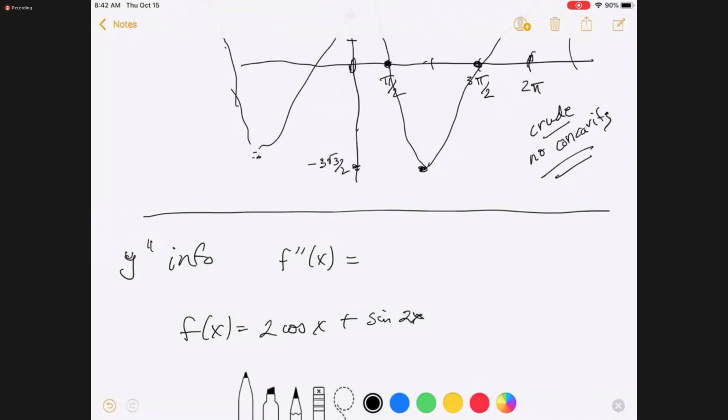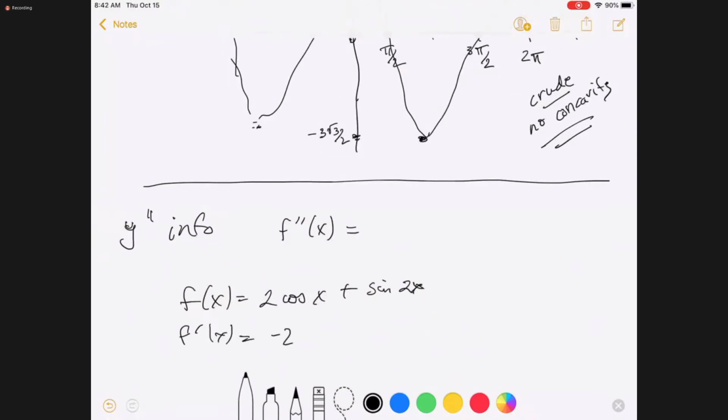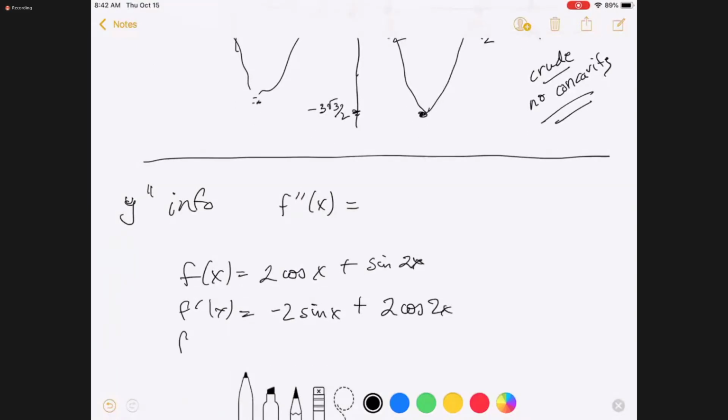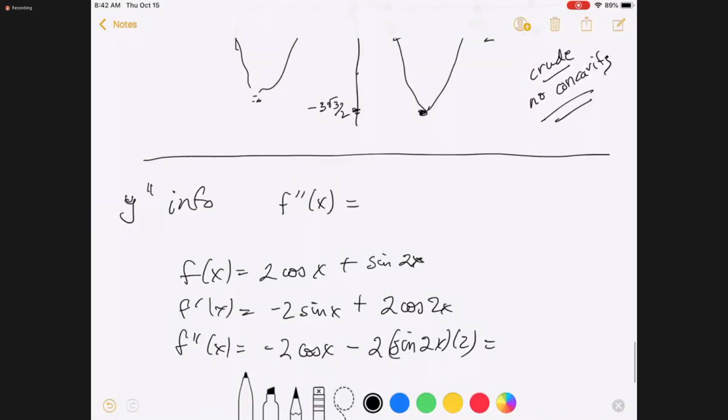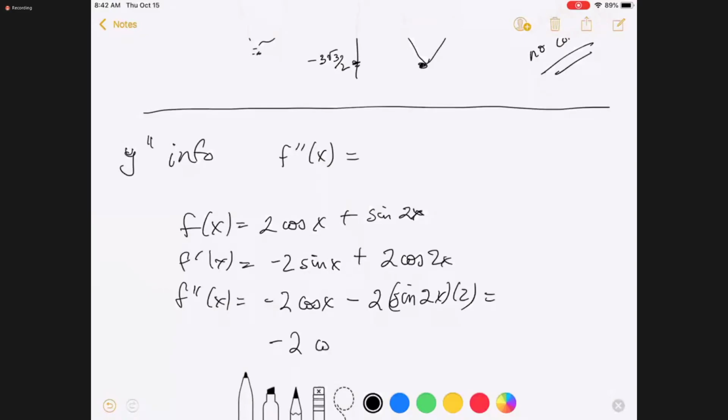So f prime is minus 2 sine x plus 2 cosine of 2x. And f double prime then is minus 2 cosine x minus 2 sine 2x times another 2, which is minus 2 cosine x minus 4 sine of 2x.